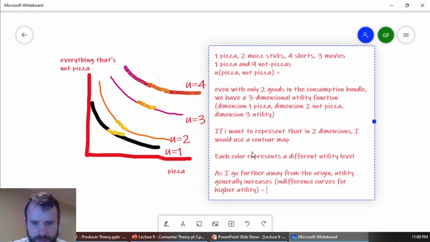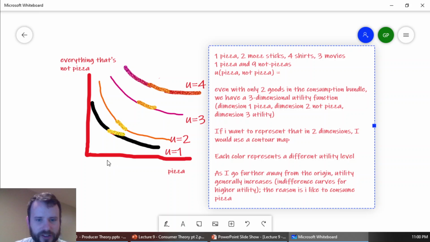The reason is I like to consume pizza. So the more pizza I consume, the further to the right I'm going, and the higher the utility.